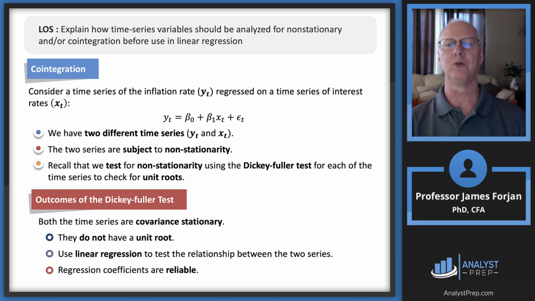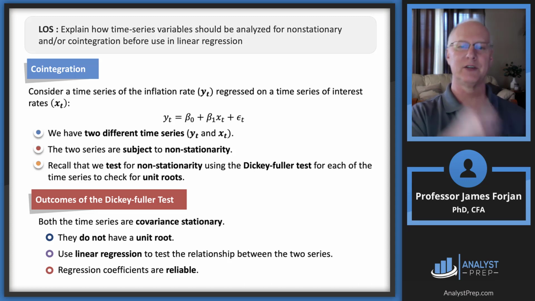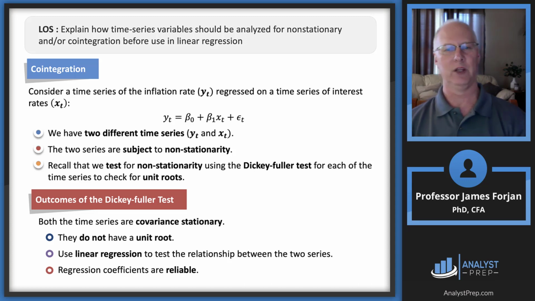When we have 2 time series, we're using 1 time series to predict or estimate or explain another time series. And so this is what you should be thinking. You should be thinking, wait a minute, Jim, didn't you teach us somewhere back in level 1 about correlation coefficients and covariances? Isn't that good enough? Why do we have to do something else? And let me go ahead and explain cointegration to you. I mean, what is covariance and correlation coefficient?